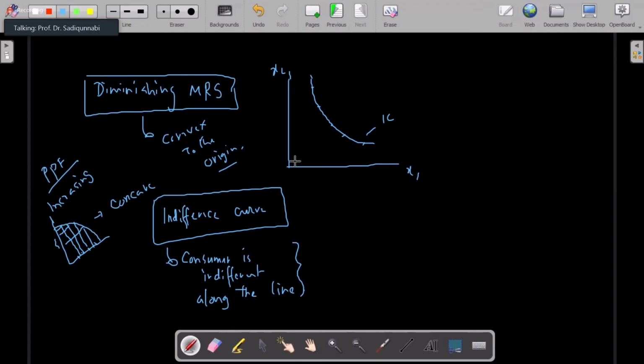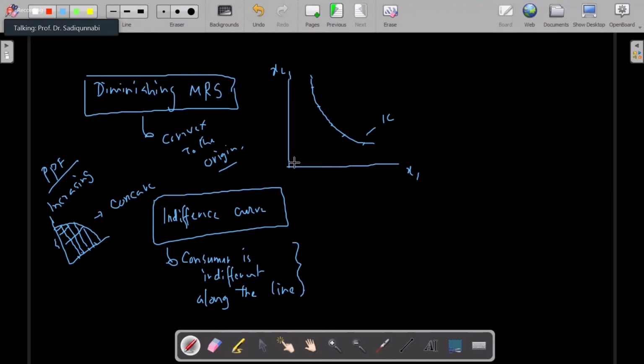Can anybody guess why the consumer is indifferent on any point on the line? There are infinite number of points on the IC curve, right? So why is the consumer indifferent being at point A or B or C, whatever may be?